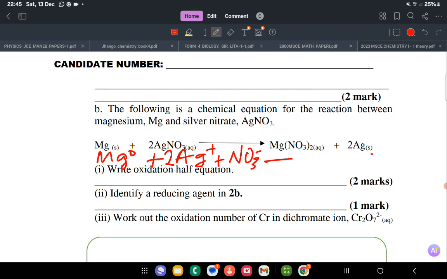Take note. The products will be magnesium. Notice that magnesium is going to be Mg2+. Why?